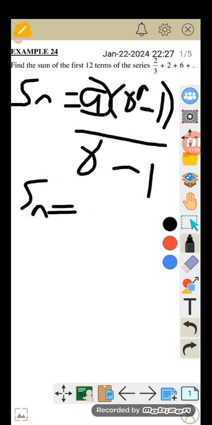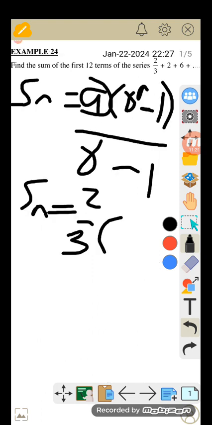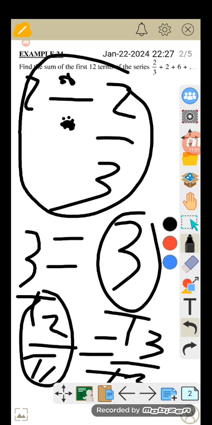Sorry guys, I just made a mistake there. It is 2 over 3, like this, guys, into my R, my common ratio. Remember, this part and this part are also equal to R. You see?